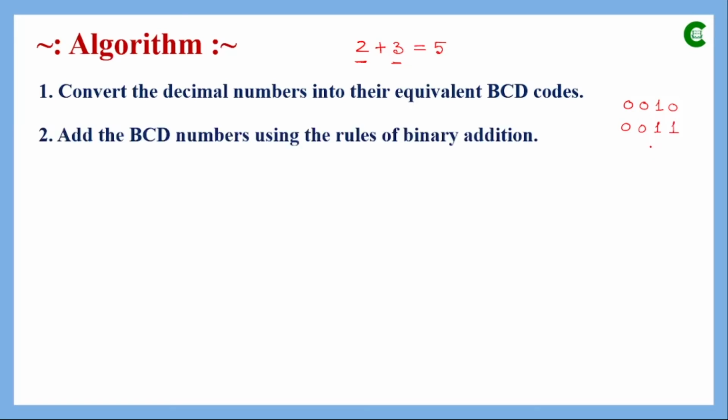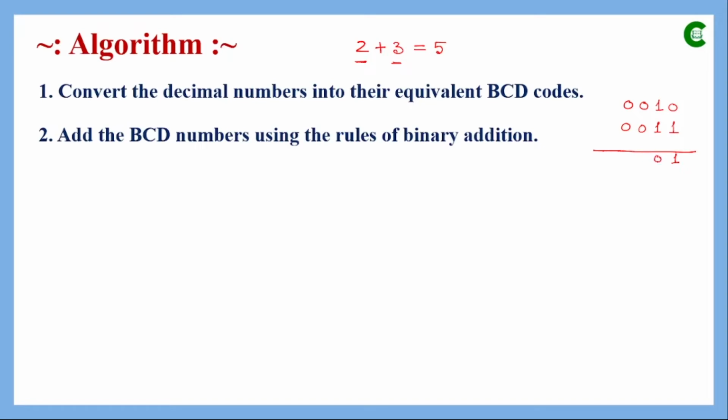The second step says that after converting these two numbers into their equivalent BCD codes, we will simply add them. And here the rule of binary addition will be followed. We have already learned the rule of binary addition in one of our earlier classes. So 0 plus 1, as per the rule of binary addition, will be 1. Then 1 plus 1 will be 2, which in binary is 10.